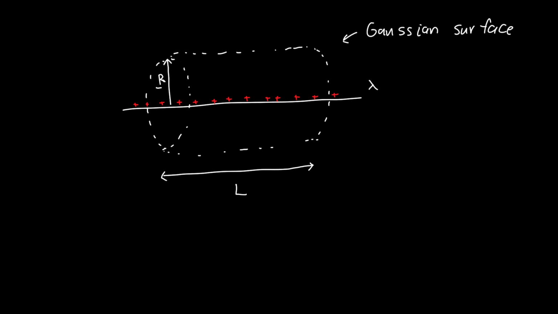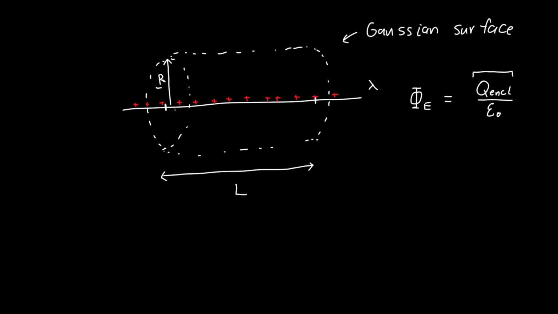And now we can actually start using Gauss's law. If we write it out, Gauss's law just states that the electric flux is equal to the charge enclosed by the surface divided by epsilon naught. Let's start with the right-hand side and figure out what the charge enclosed by this surface is. Well, the surface encapsulates an amount of this line charge that's just the length of the cylinder.